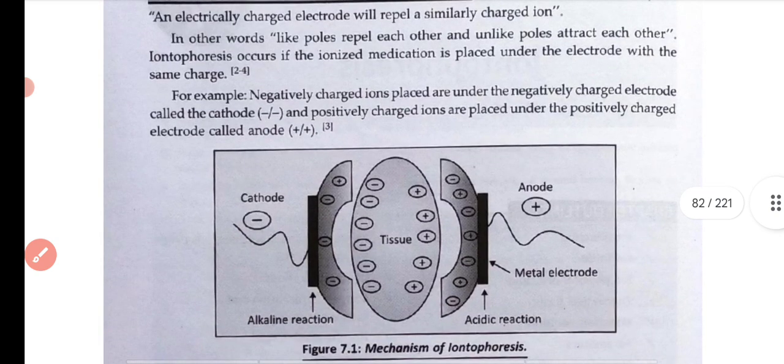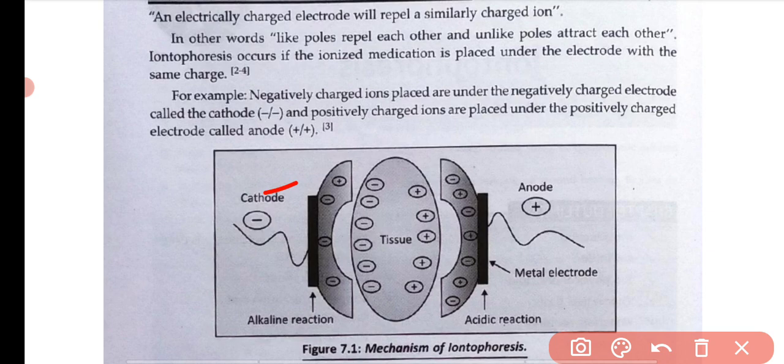Here we can see that this is the cathode and this is the anode. The negatively charged ions go under the cathode and the positively charged ions on the anode. This is the mechanism. You have to draw this picture in the examination.